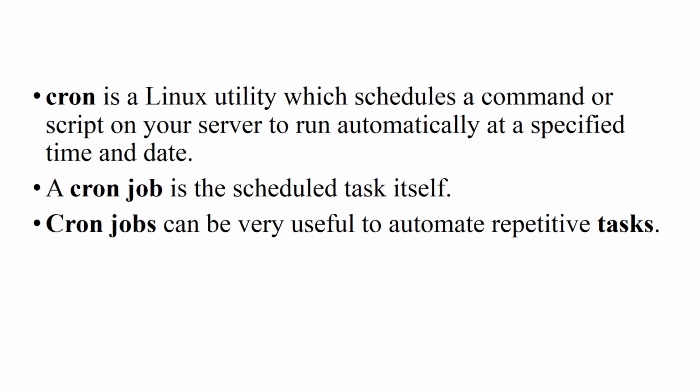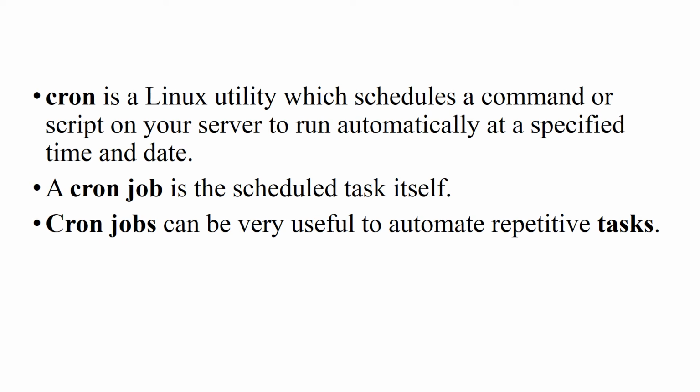Cron is a Linux utility which schedules a command or script on the server to run automatically at a specified time and date. We can understand this cron job if you have ever used schedule meeting, Google Task, GoToMeeting.